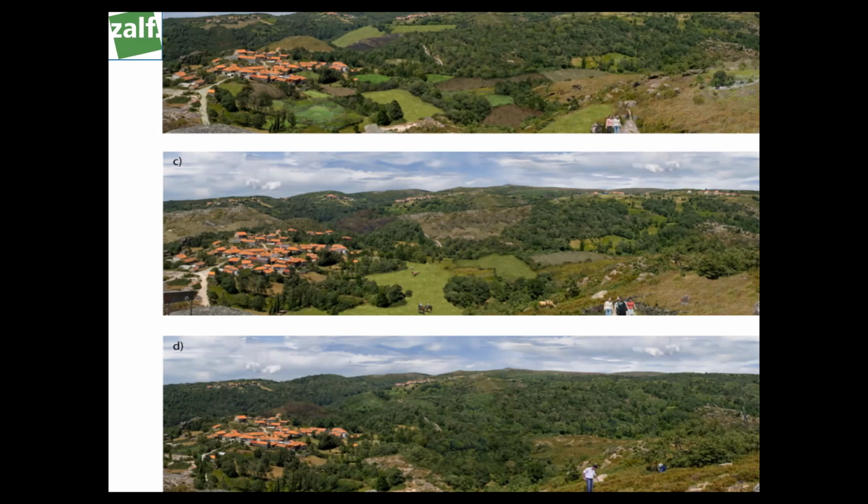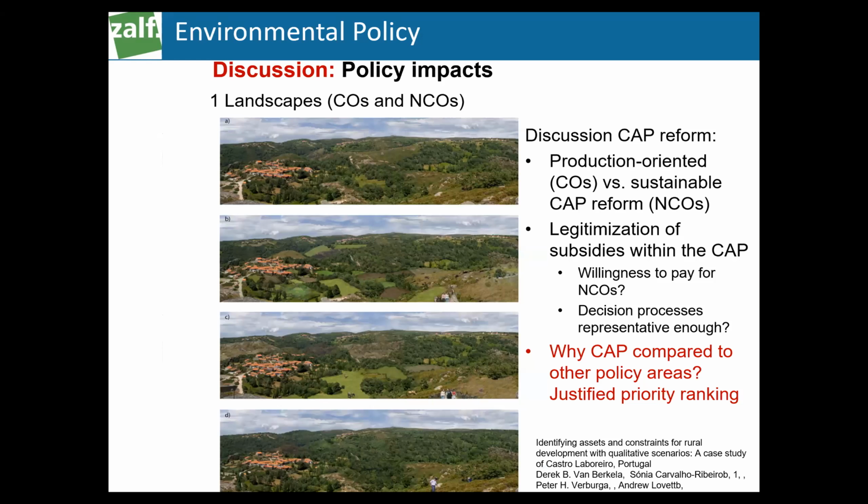And this is exactly this discussion on COs and NCOs, commodity outputs and non-commodity outputs, and the ecosystems as one discussion of what kind of additional effects do we have? Do we want to preserve and keep a high biodiversity?